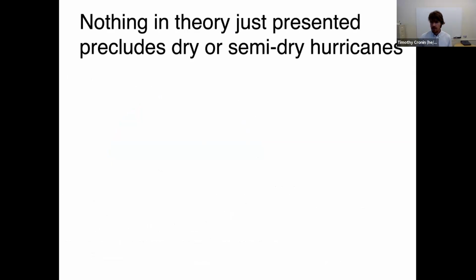So if we try to define hurricanes as broadly as possible, we can see that this theory of hurricanes as axisymmetric, warm core convective cyclones that act like heat engines and tend to generate swirling winds under the influence of rotation, nothing about that theory intrinsically requires moisture. It may very much require moisture for the conditions of Earth's atmosphere at present, but not in general.